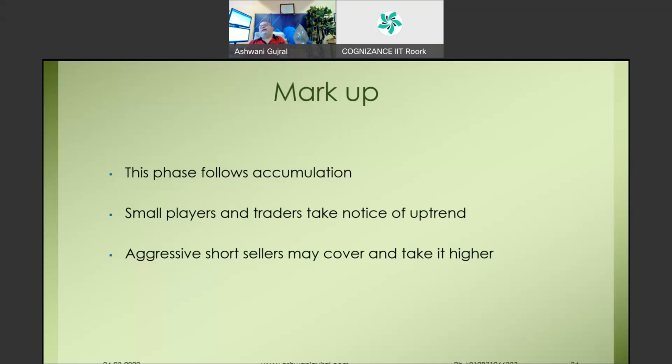So often, once a stock has been accumulated by the large players and all the supply is soaked up, the market gets into a markup phase. For individual traders and smaller players, this is the best phase for making money. Once a stock or a sector comes out of accumulation, that is where they should try to get in.